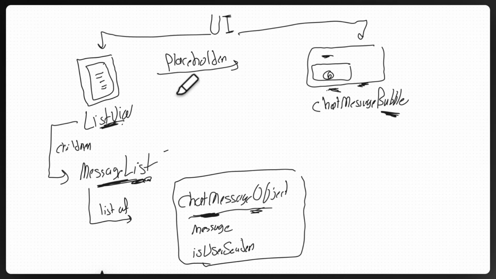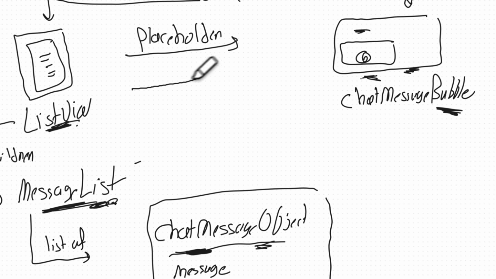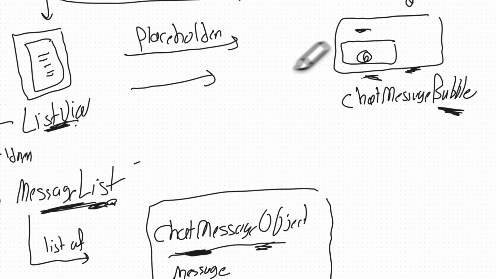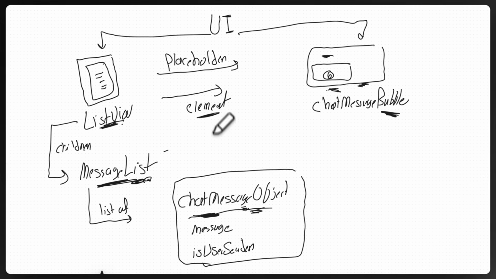For that, we saw that the list view automatically sends something as a local variable called element. And this element is of type chat message object because this element represents the element inside the list that was passed to that instance of the chat message bubble. And this is why the element is of the type chat message object.